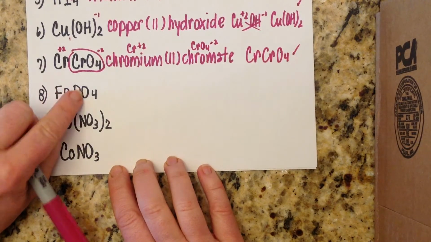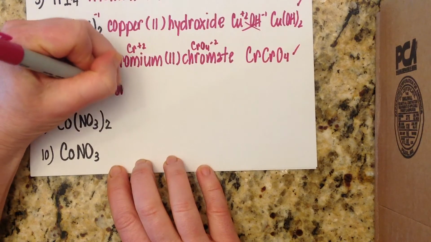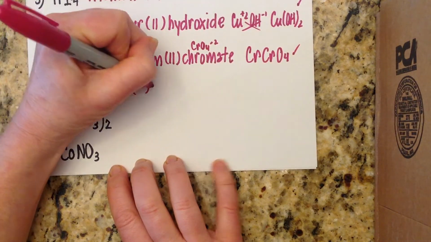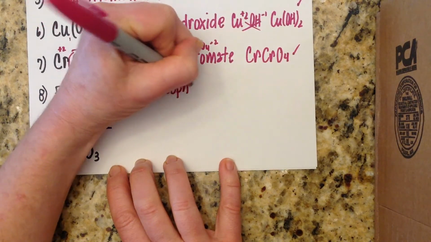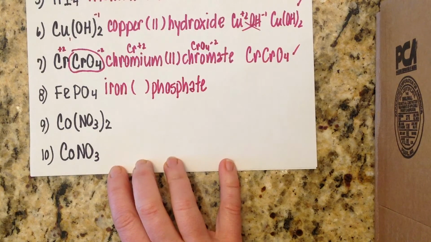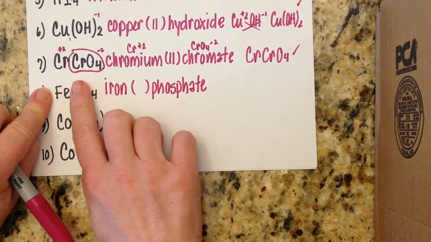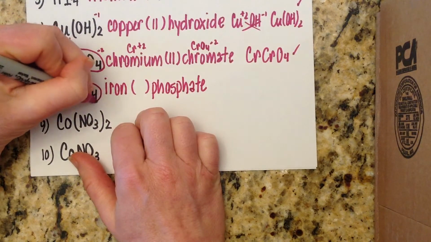This is iron something phosphate. Again, I see I have 1 iron and 1 phosphate, because this is just one thing.